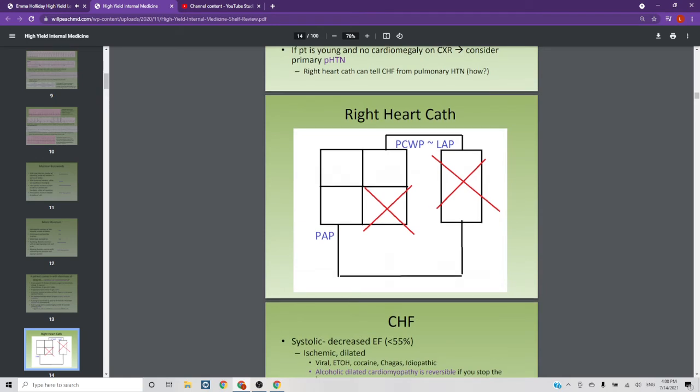Whereas in your primary pulmonary hypertension, the problem is here. There's increased resistance in the pulmonary vessels, so the blood doesn't even get to the left atrium. It backs up into the pulmonary artery. So in CHF, we have high pulmonary capillary wedge pressure. In primary pulmonary hypertension, pulmonary capillary wedge pressure is normal.